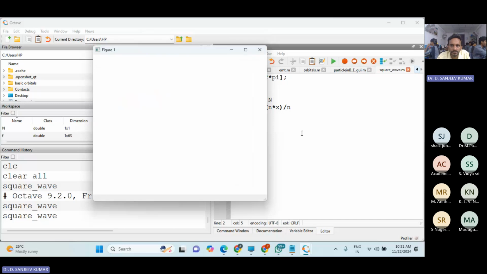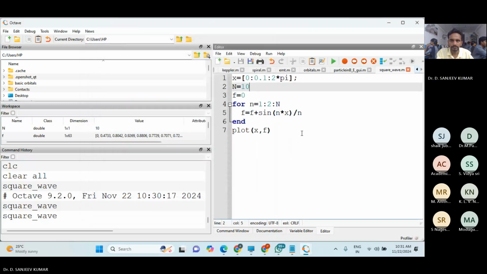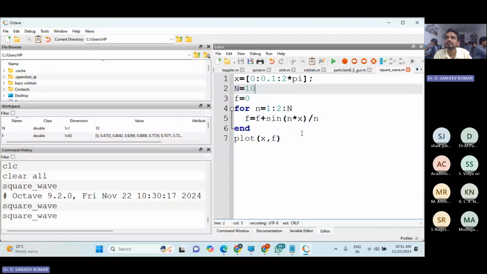To see the contributions from all other waves, I need to plot the other waves also. So I'll include here the contributions from other waves.